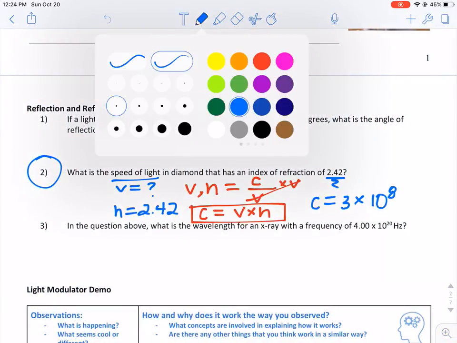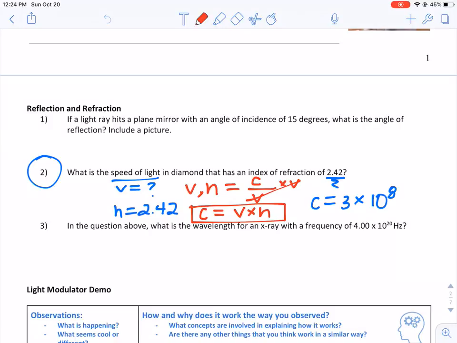All right, so back to using it. I'm running out of space. Hopefully you're not writing as big as me. So c is 3 times 10 to the 8th. v is the velocity that we don't know, that we're trying to find. 2.42 is the n. We divide by 2.42.